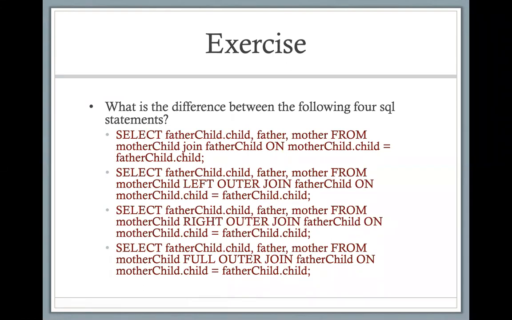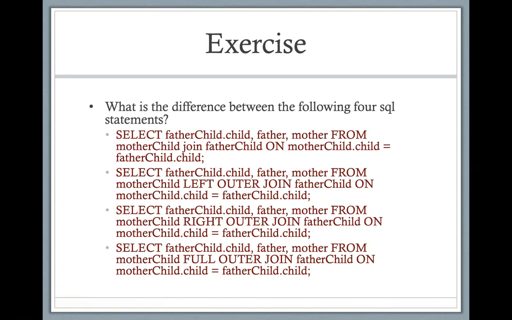This is an inner join. Inner join means there are no dangling records. So if I don't have the information of the father or the mother, the record will be ignored. Basically, I only get matching records, records for which I know the father and the mother.